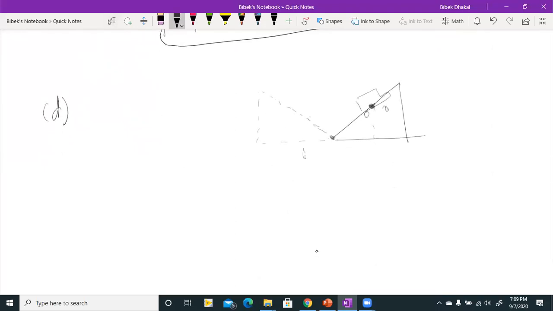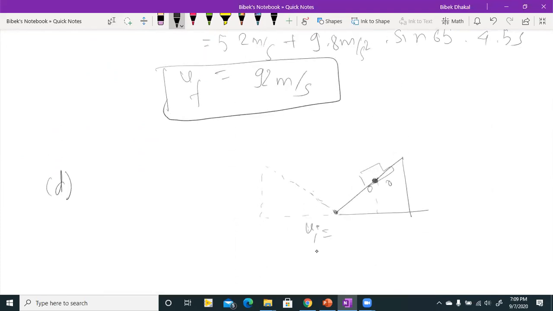So here the initial velocity is the final velocity of our last case. That's the initial velocity. Let me write this as initial velocity prime at this point. That is point B. Let's call it C. Point B is 92 meters per second, and the final velocity is 0 meters per second.